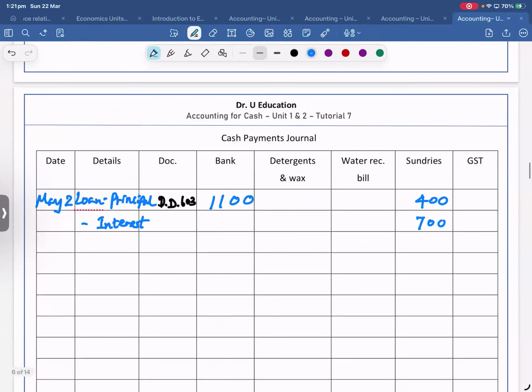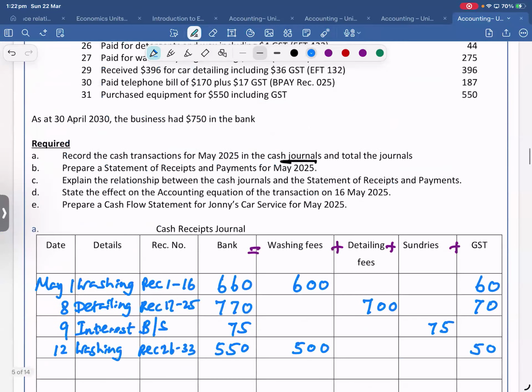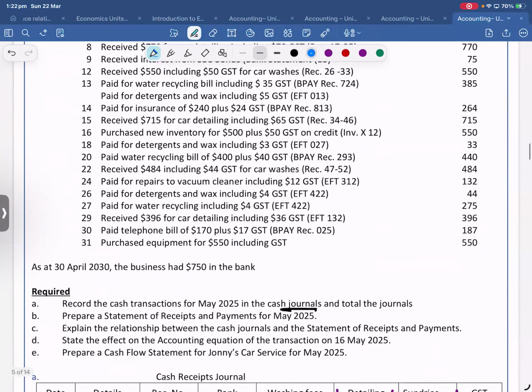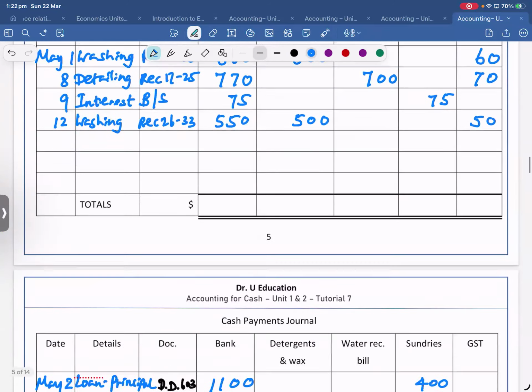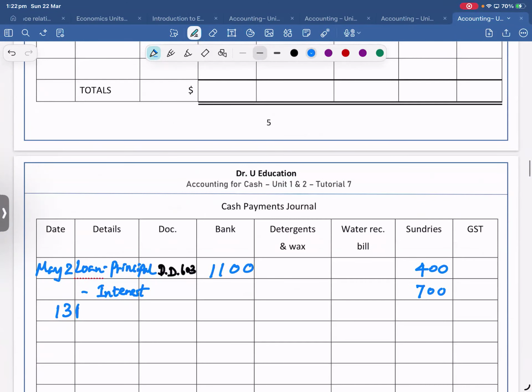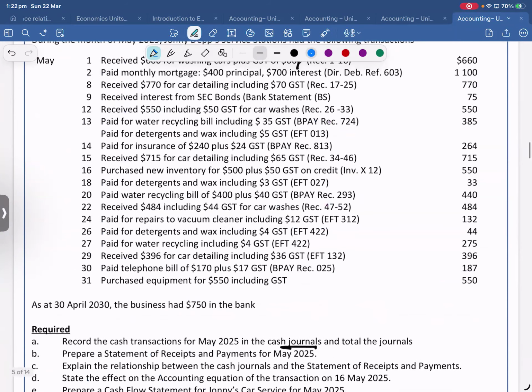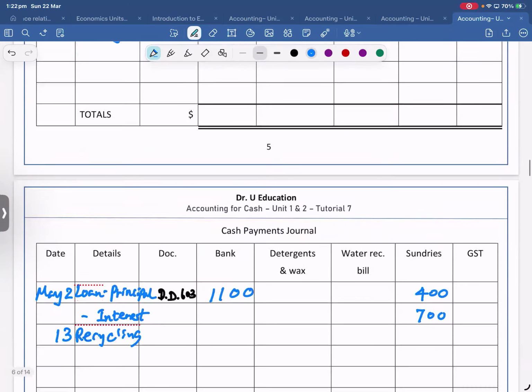So the document is going to be BP receipt 724.